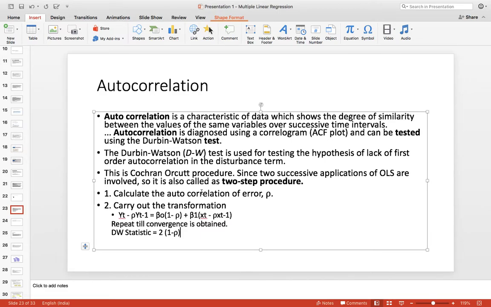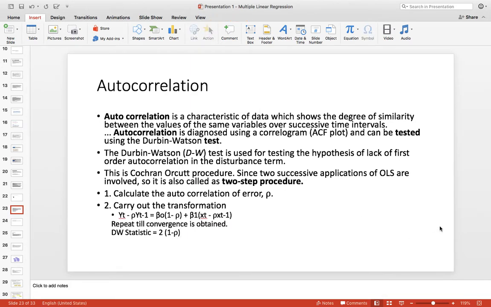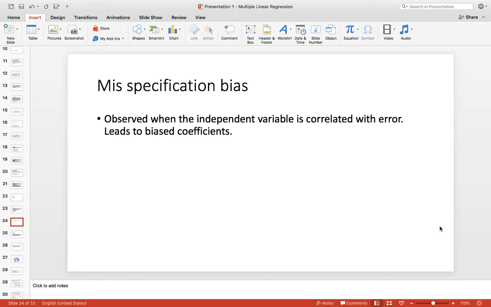This is a formula for the Durbin-Watson statistic. Okay, so that's about autocorrelation. Misspecification bias, as I mentioned earlier, is something which is theoretically determined. The independent variable is not truly exogenous, like one of the finite sample properties which we discussed earlier.